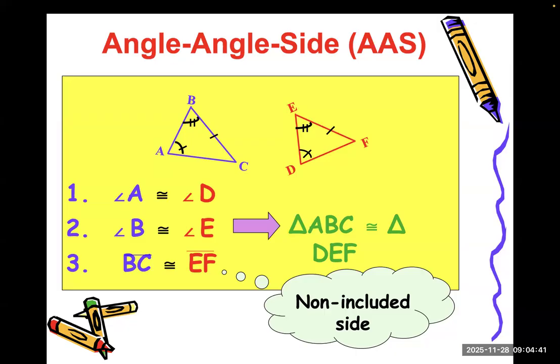When the side is not in between the two angles, it is AAS. If the side is in between the two angles, then you use ASA.